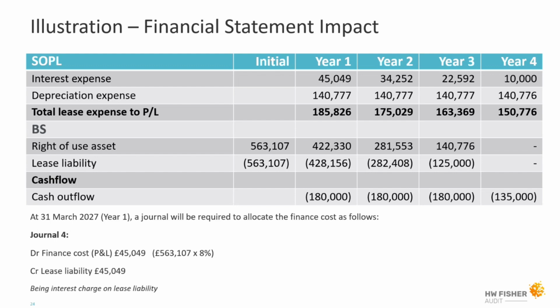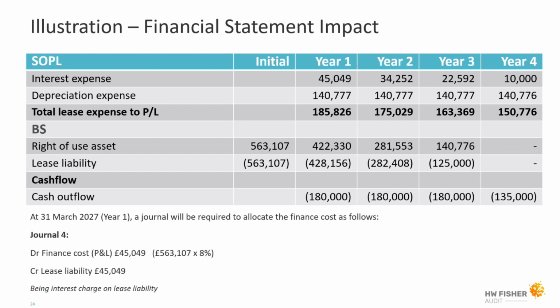But you can see here now we have differences between those right of use, not significant, but obviously if you added this up with a number of leases or other things, it could create differences on your balance sheet. But here we've got the right of use asset that is being effectively depreciated over a straight line period. We've used 4 years. We've rounded for ease of example here, but you depreciate that down. So that's your right of use asset going out.